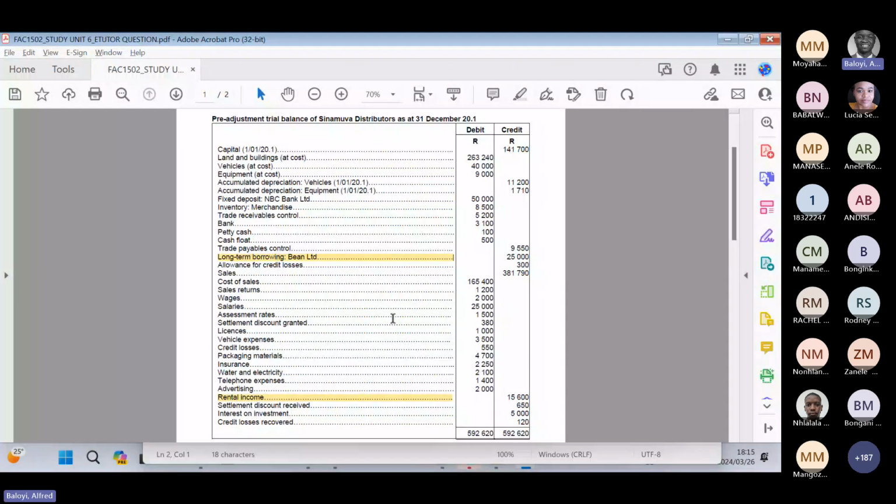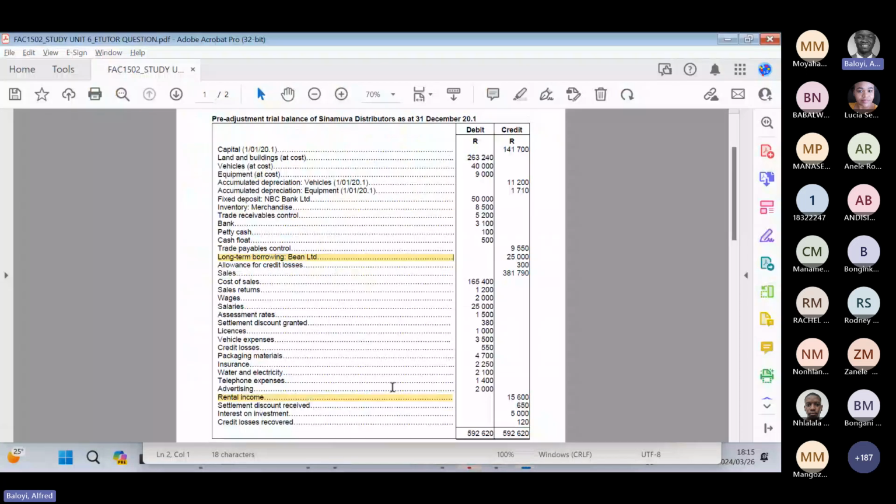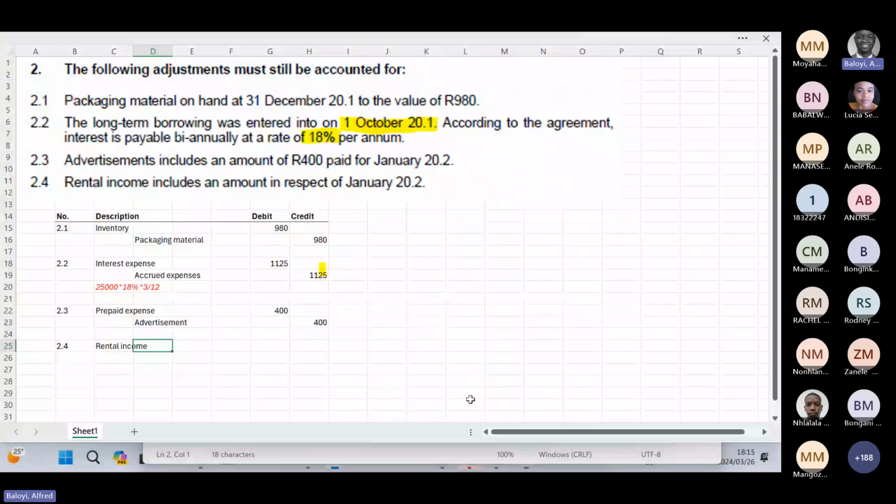So what you need to do is to reduce the amount of rental income by debiting, because it's a credit amount, it needs to be debited, and then the credit will go to income received in advance.